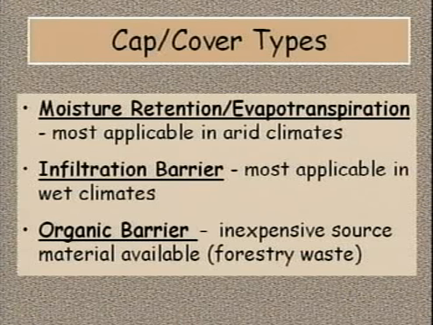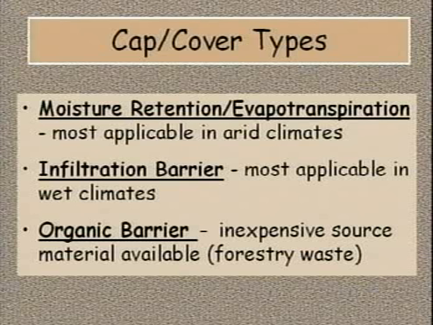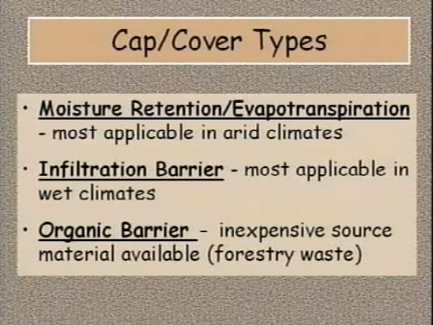The decaying organic matter consumes the oxygen and thus prevents pyrite oxidation, or cutting off a leg of that ARD tetrahedron. But in order for an organic barrier to be practical, a large supply of relatively inexpensive source material must be available. Sewage sludge, unfortunately, is not a good source, but forestry waste, wood chips, sawdust, that's a safe bet.